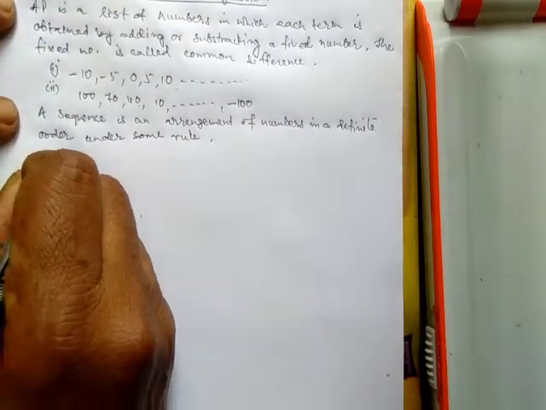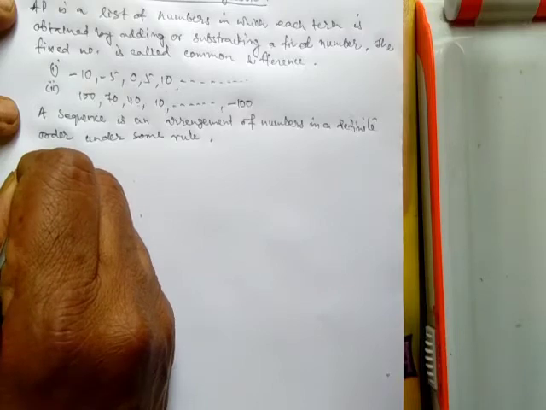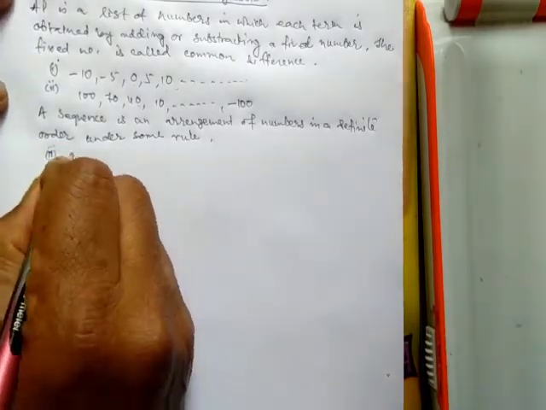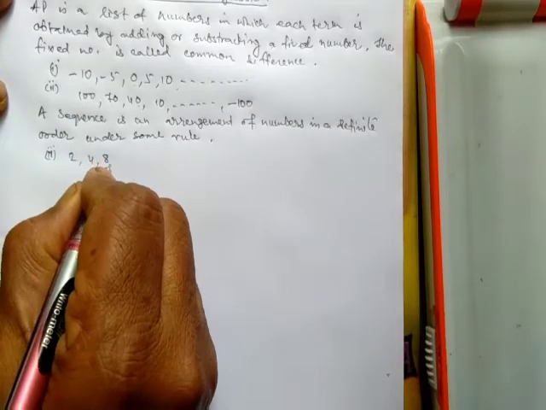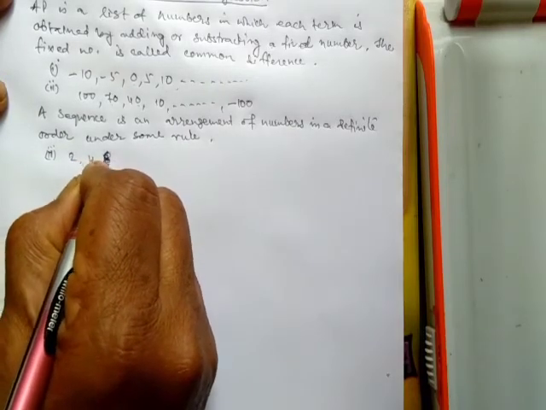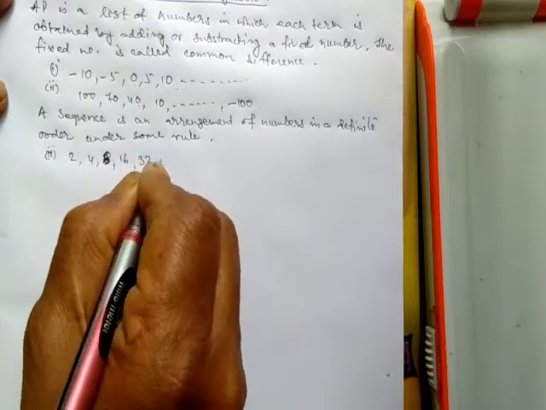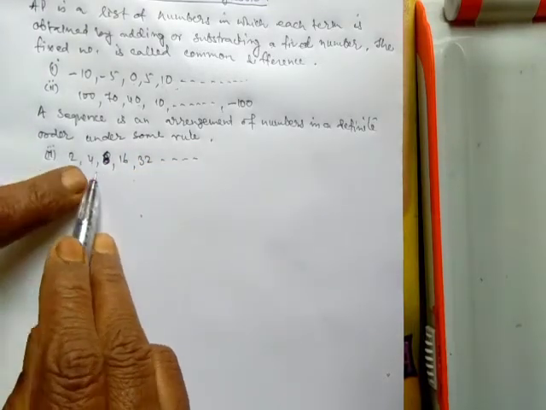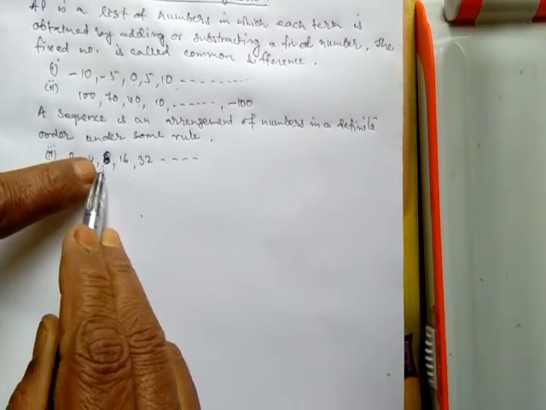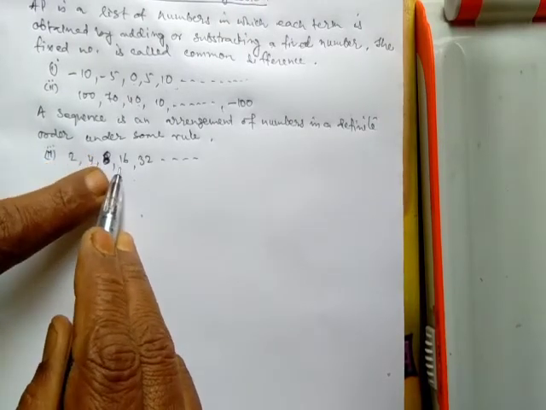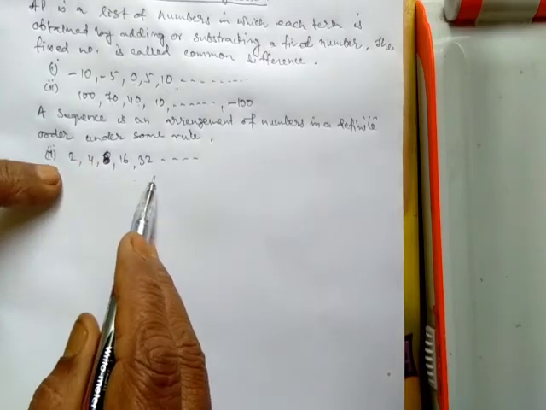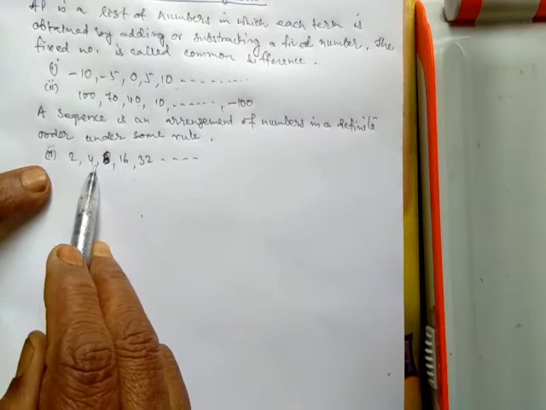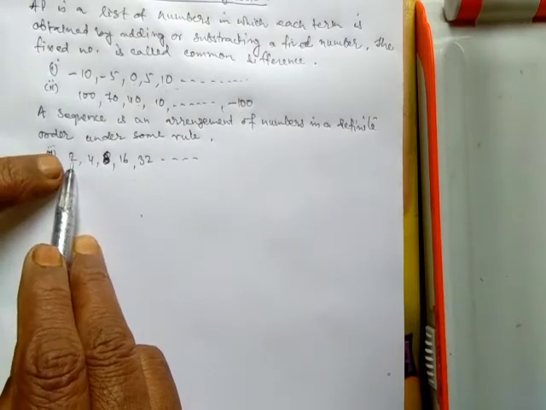One more example I am taking: say 2, 4, 8, 16, 32, like that it goes. This is also a sequence. See, this is multiplied by 2, you will get this. Multiply this one, you will get 8. But in this sequence, you have multiplied.